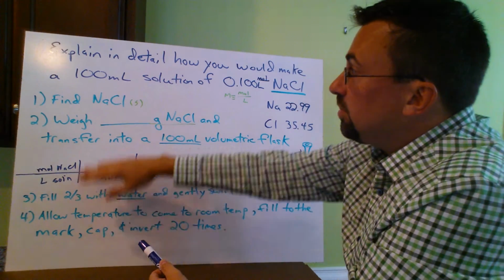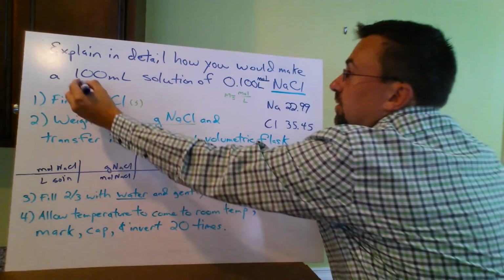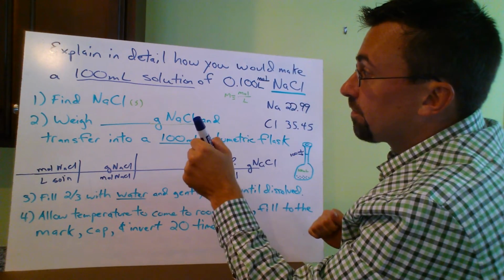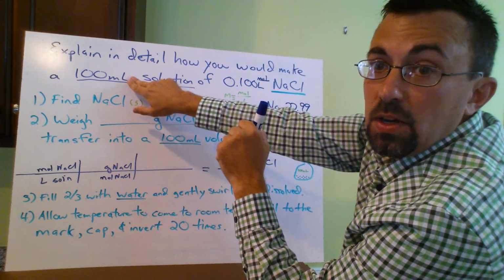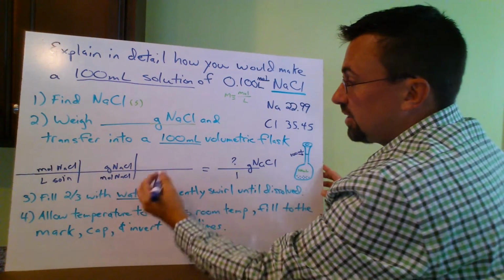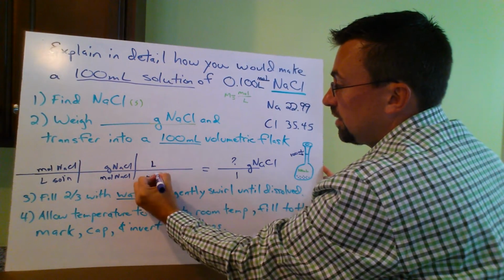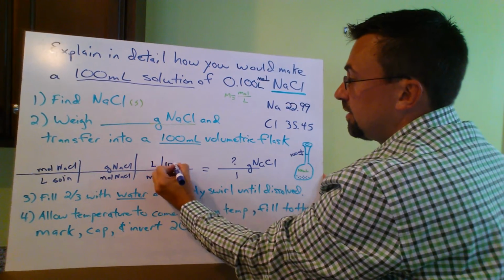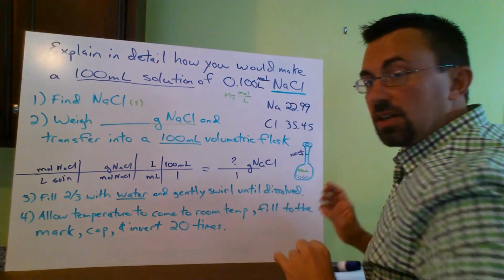Liter is a unit of volume. Do we have a volume of solution we can use? Absolutely. But is it in the units we want? No, so we have to change those units. So that's milliliters, that's liters, so let's change that. 1 liter to milliliter we can do. And now we can just use our milliliters to cancel out. And we've done our calculation.